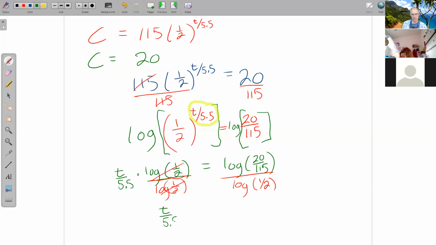What do you think the last step's going to be? Anybody?